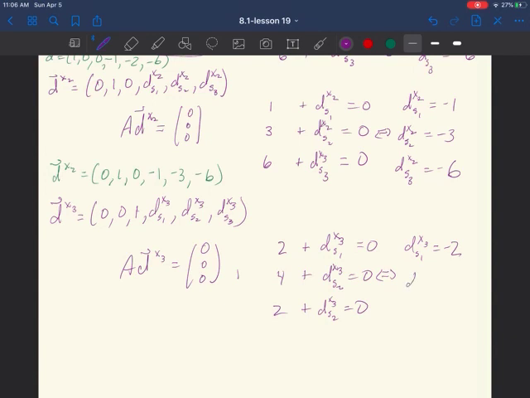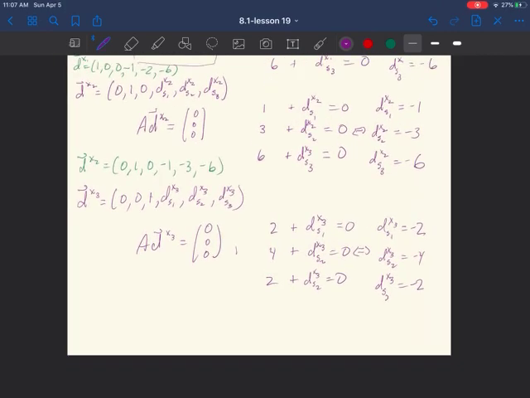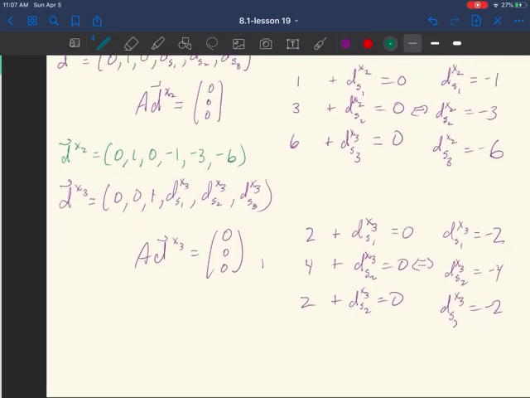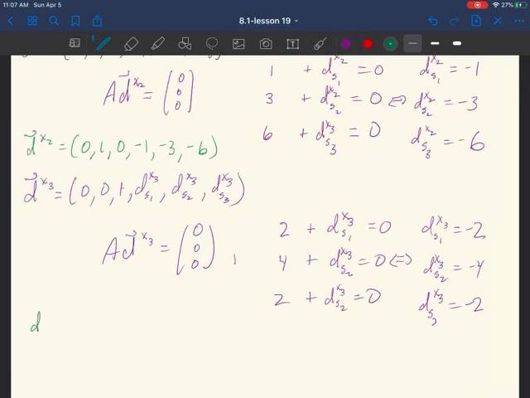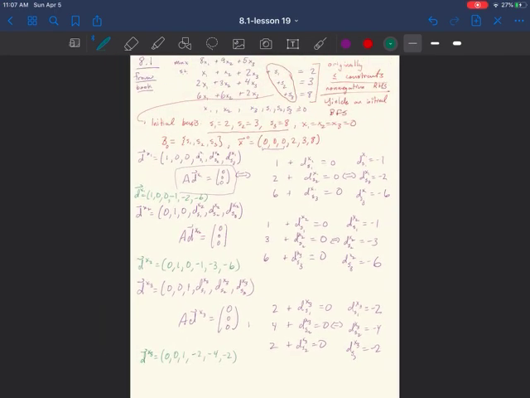And that means that dx3 s1 equals -2, dx3 s2 equals -4, and dx3 s3 equals -2. Okay, so that means that our direction now, dx3 equals 0, 0, 1, -2, -4, -2.